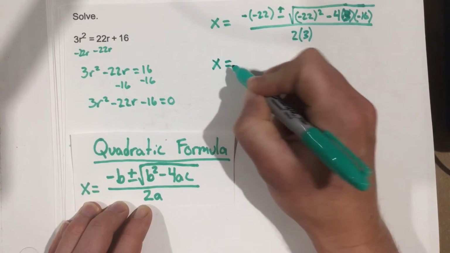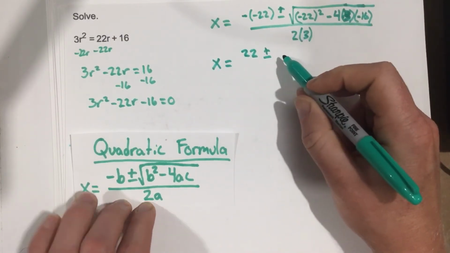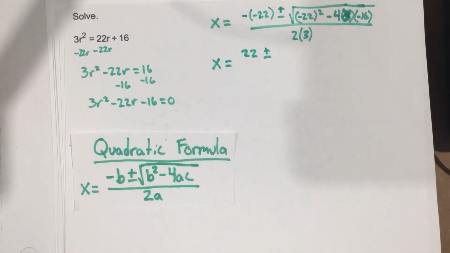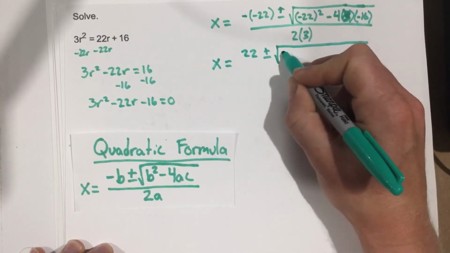So we end up with x equals 22 plus and minus root of 22 squared, which is 484.